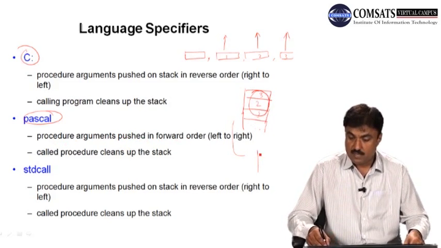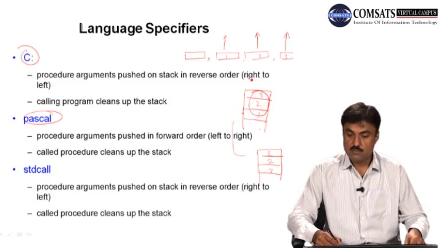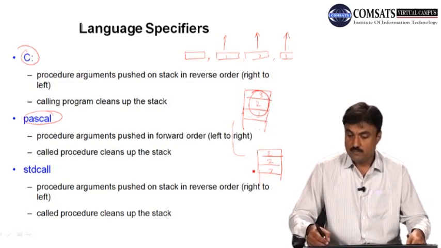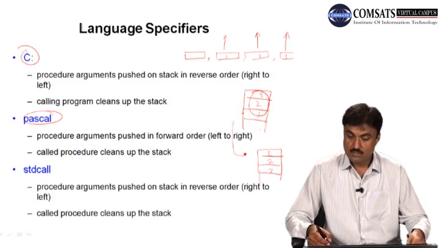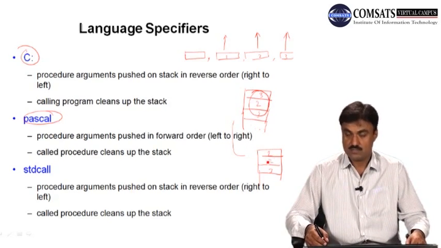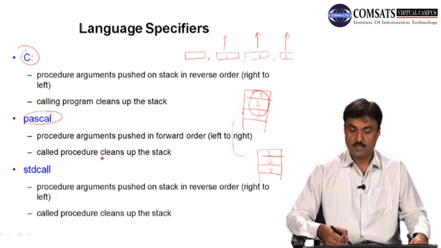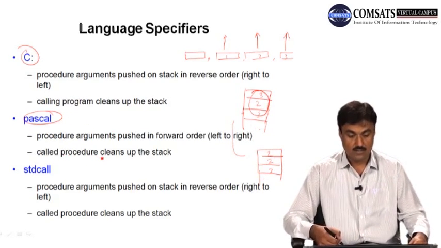It means the first parameter will be pushed first, the second parameter second, and the third parameter third. So I mean the first argument will be pushed first, the second argument second, and the third argument third. And the called procedure cleans up this stack.